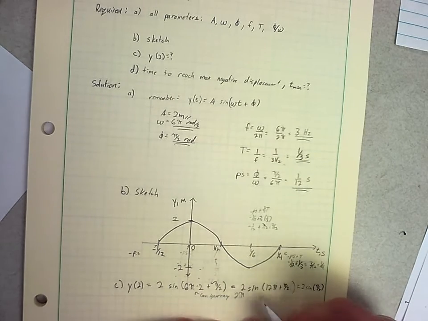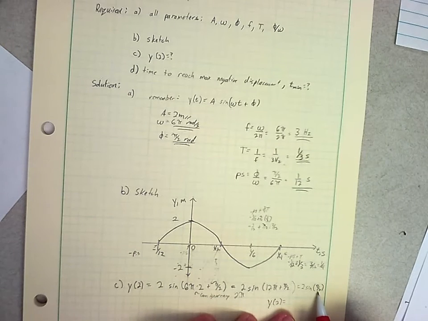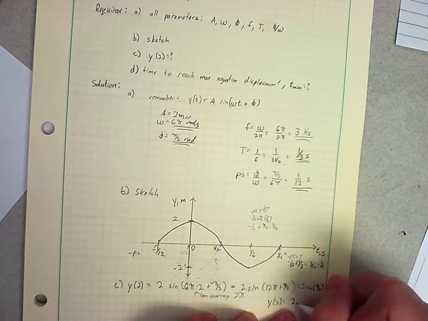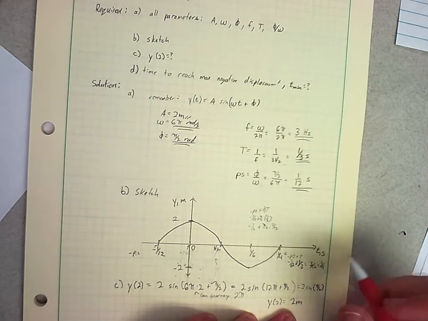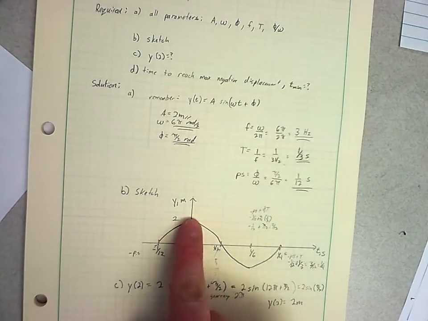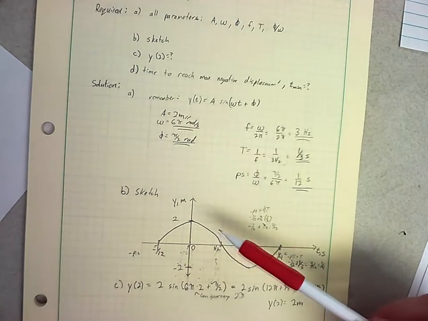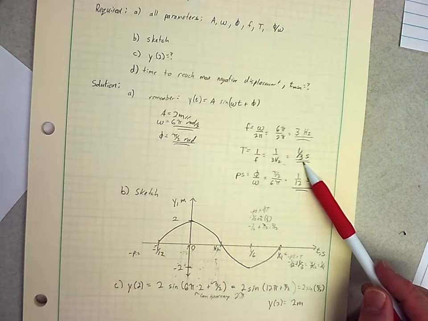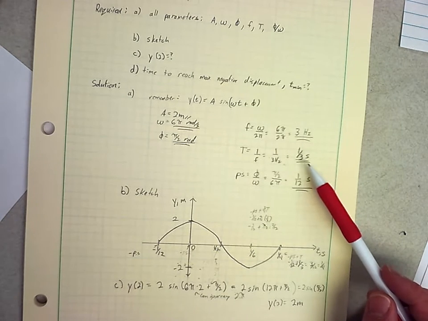And so what we turn out with is that y of 2, that sine of pi over 2 is positive 1. So it's actually at 2 meters. So at 2 meters, we find out that it's back at this fully extended point, which again makes sense from our graph if we know that it repeats every third of a second.